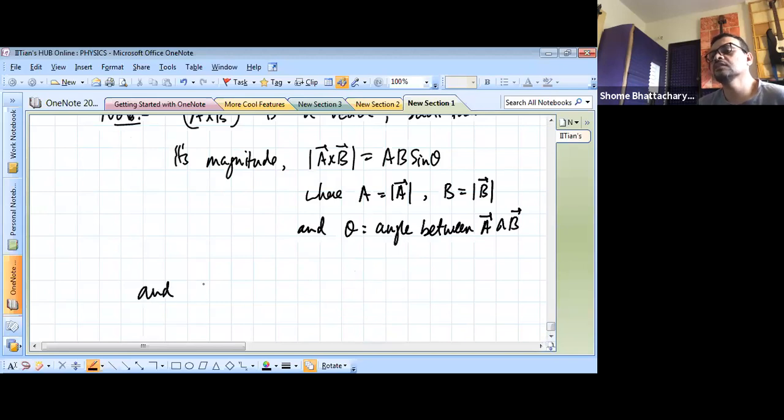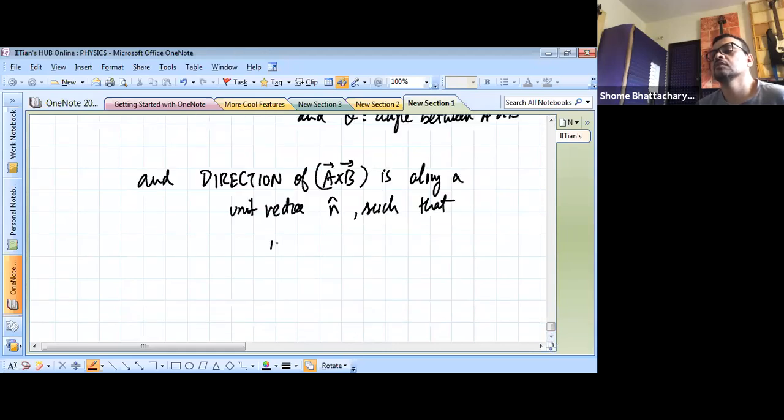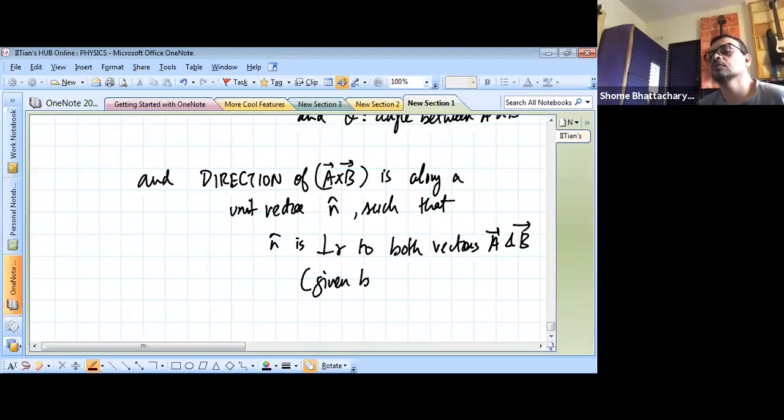And additionally, the direction of A cross B is along a unit vector n cap, such that this unit vector n cap is perpendicular to both vectors A and B, and is given by what we call the right hand palm rule.